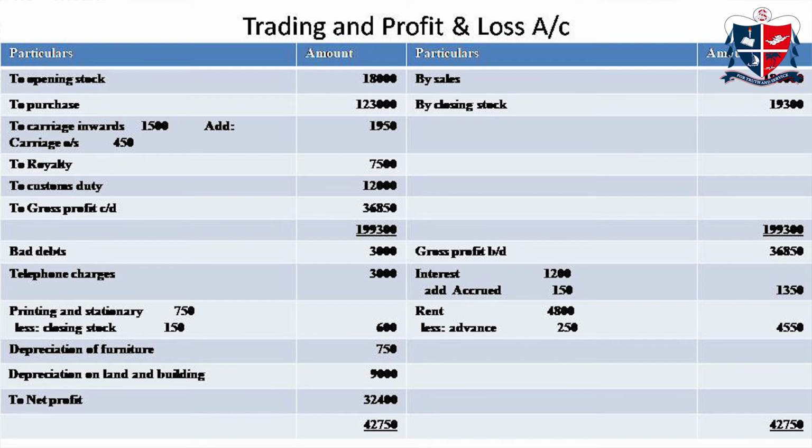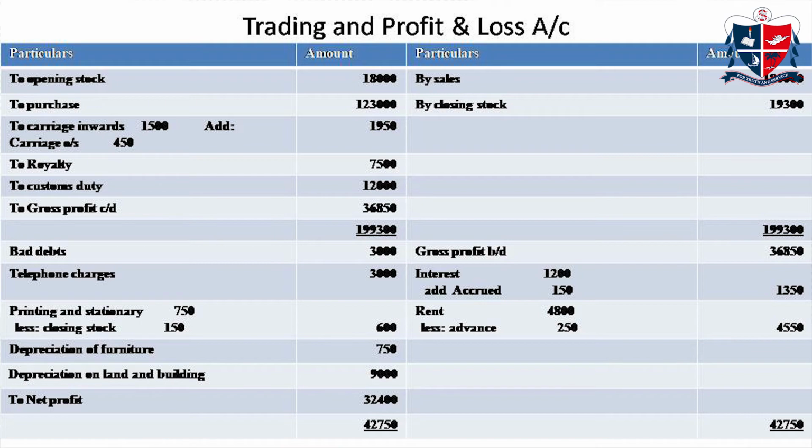When you add that amount, it comes to 1,950. Again, the royalty 7,500. All direct expenses will be taken in the trading account. All expenses pertaining to the factory will be taken to the trading account. So customs duty 12,000. And here on the credit side you have sales and you have the closing stock.